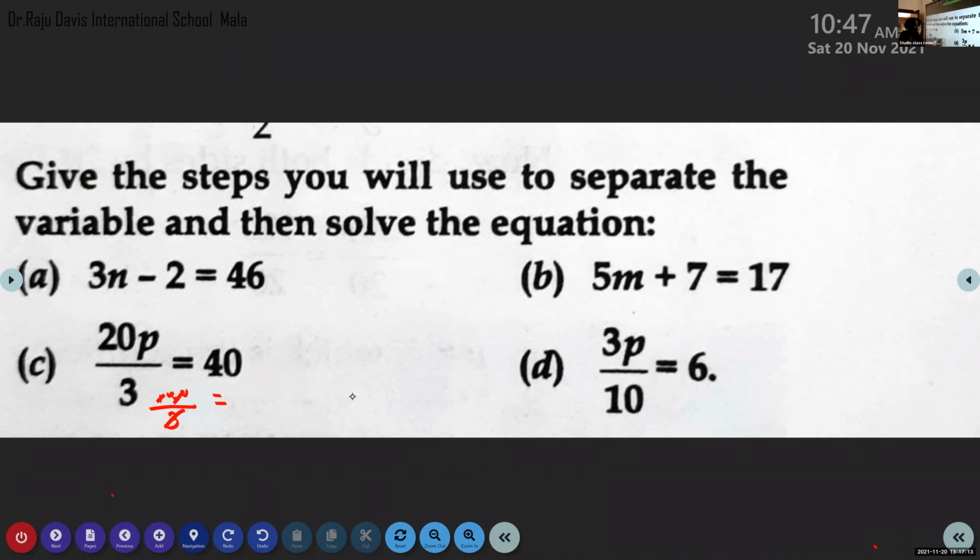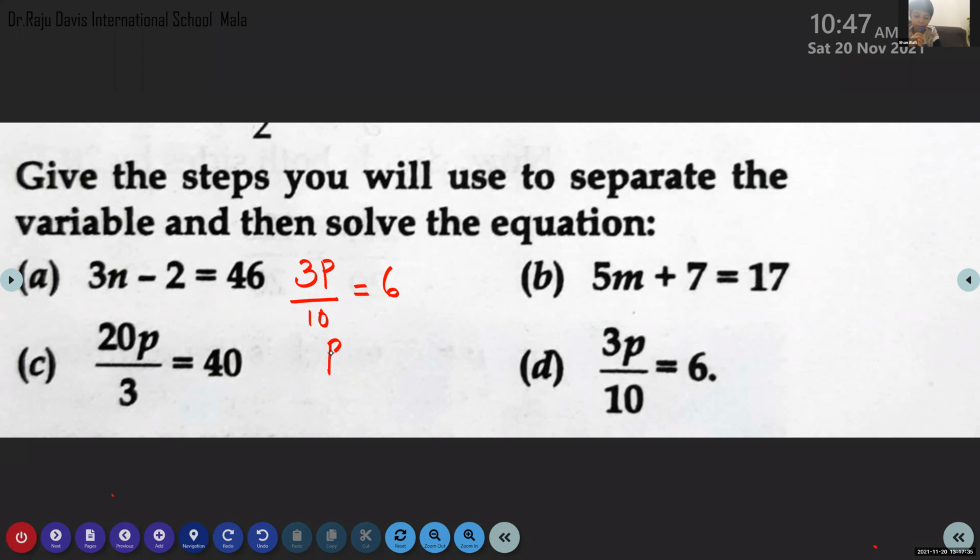Now, Rehan, do the next one. This one, 3p, same type of problem. 3p by 10 is equal to 6. How to do? So we can take 3 by 10, no? Yes.